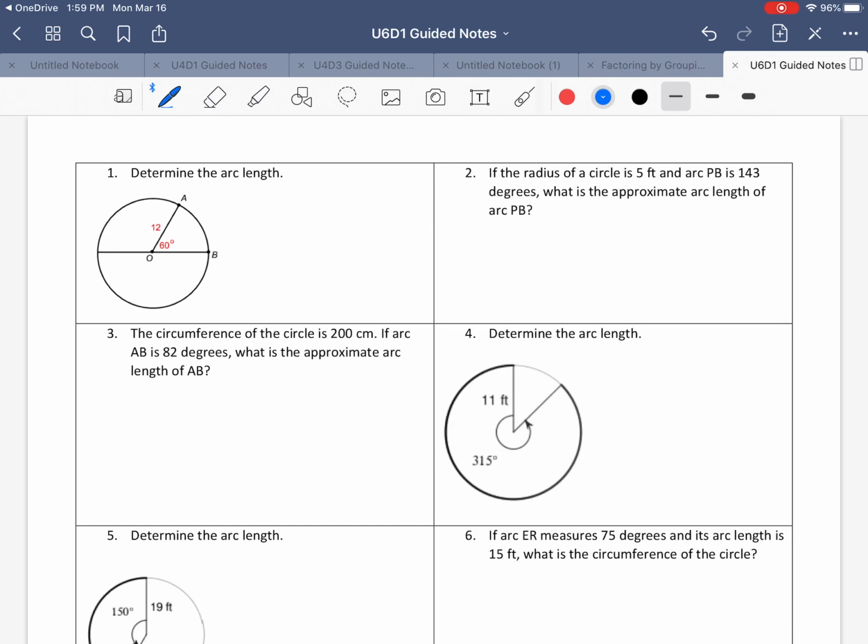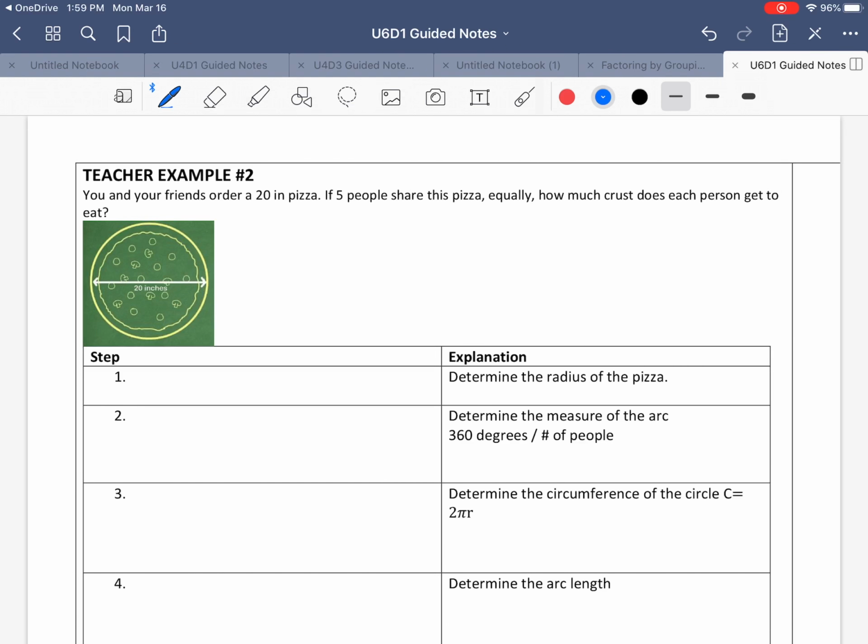Please make sure that it is organized and easy to read. On the top of your paper, I want you to write Unit 6, Day 1 Practice. And then I want you to label it number 1, show your work. And then I want you to circle your answer. All right, and I want to see this for all 10 problems, please.